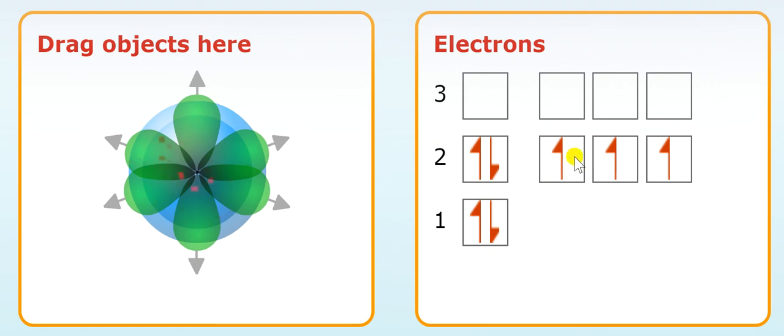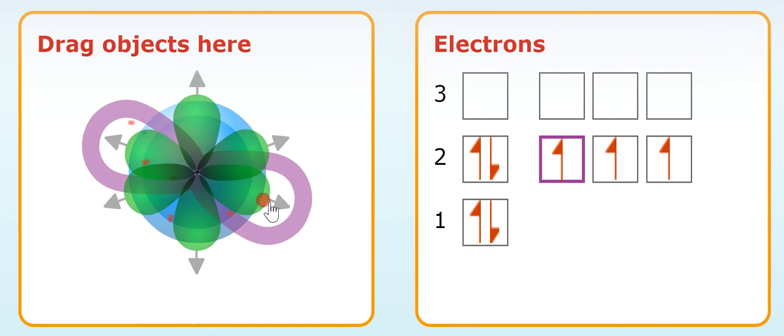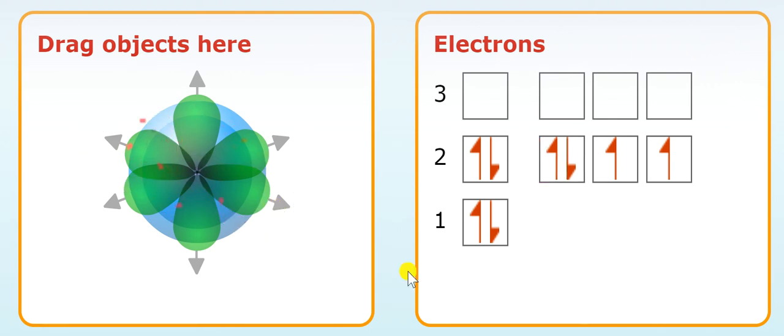Now, remember, each orbital can hold 2 electrons. So that means I can go back and add a second electron to each one of these green 2p orbitals. Okay, just added another electron. And look here, a down arrow appeared.